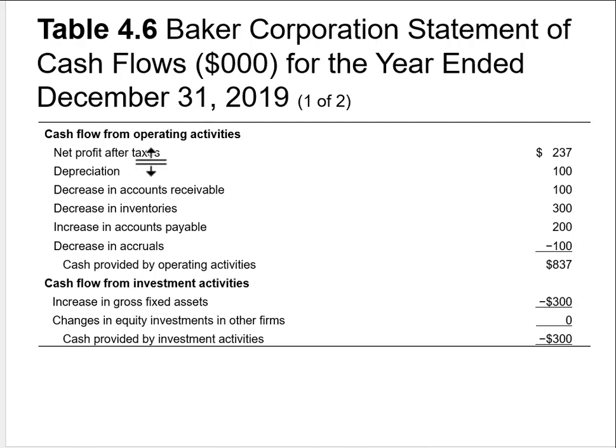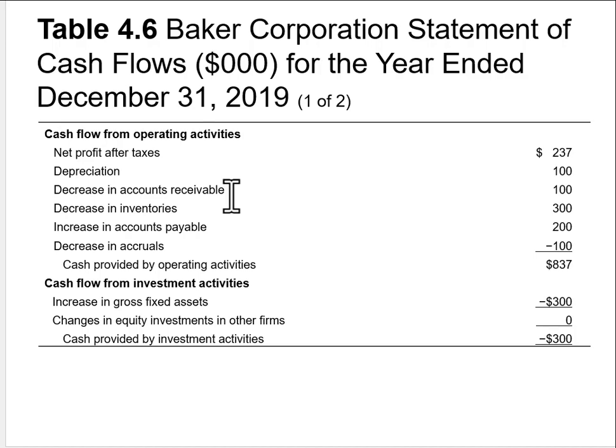As you notice here, we have net profits at the top. Then you add depreciation. Now these line items then are all, as we said, if you decrease accounts receivable, that must have meant you received money. If the asset goes down, that implies money was received, right?